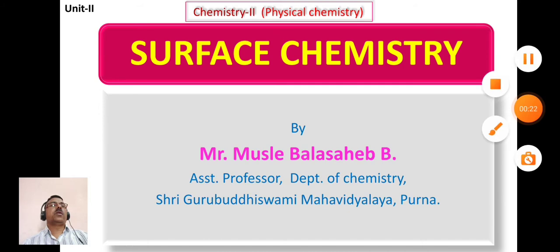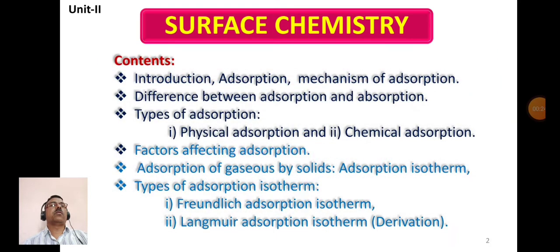In this unit we are going to study the introduction regarding adsorption, mechanism of adsorption, then difference between adsorption and absorption, types of adsorption like physical adsorption, chemical adsorption, and the remaining part of this unit will be studied in the next video.